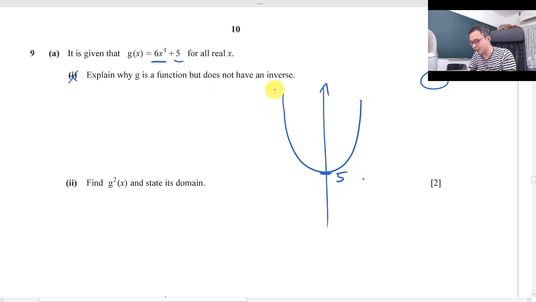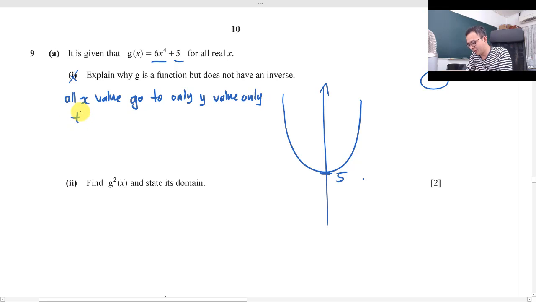Therefore, this is a function. You can use any words you think make sense. I can say all x values go to one y value only.